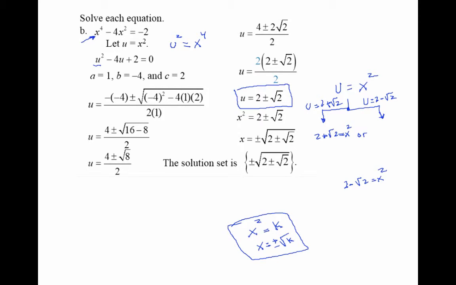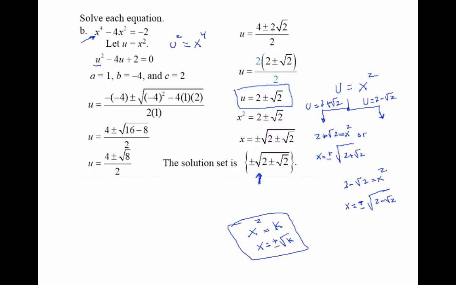So here, if I take a square root of both sides and put the plus and minus, x would be equal to plus and minus square root of 2 plus radical 2. And this one the same way, so it would be x equal to plus and minus square root of 2 minus radical 2. So that's why we get these solutions here.